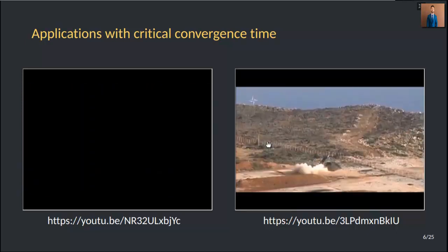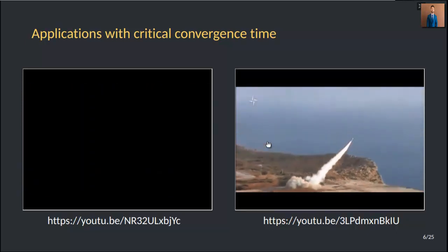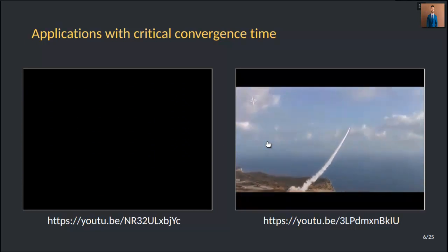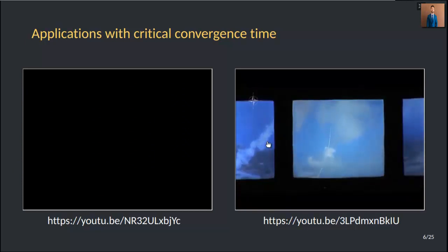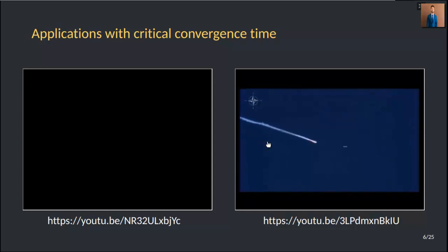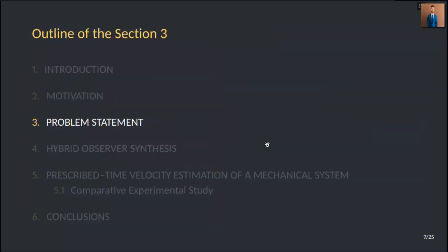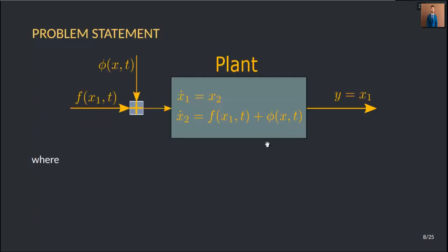And also in this case, I'm showing here the intersection of a missile, and it is also very fast and requires accurate estimation of the state vector in some time window. Let us formalize then the problem statement in the following slide.